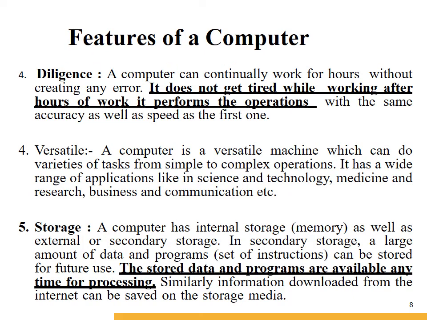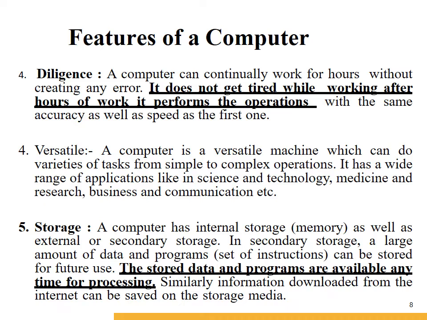So now next feature of computer is diligence. A computer has high efficiency power and it is more reliable for our work. It can do an activity again and again continuously without creating any error, without affecting its speed, accuracy, and efficiency.